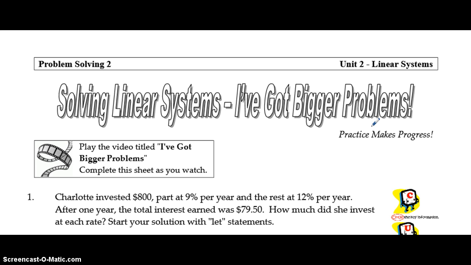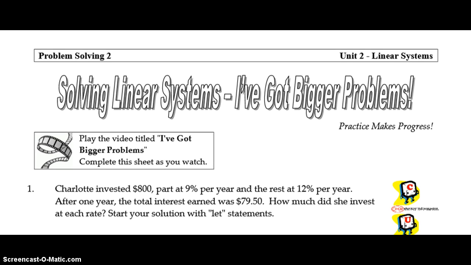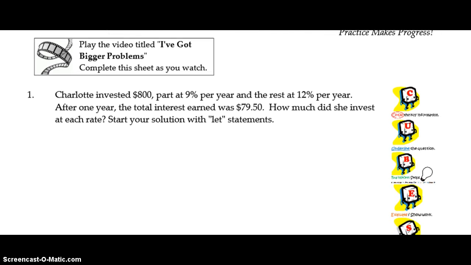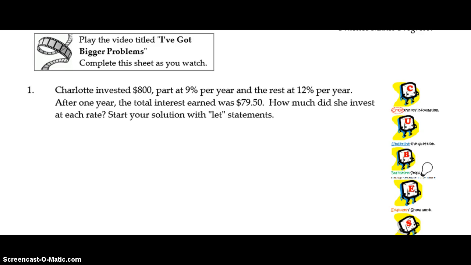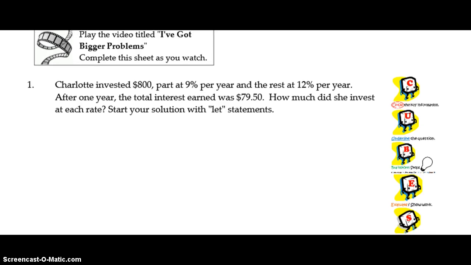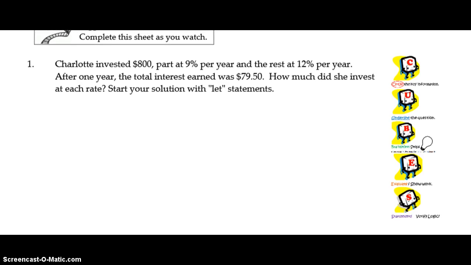Today's word problems are going to be dealing with what we call mixture problems. And mixture problems come from when you are combining two quantities into a third quantity. So here's an example. Charlotte invested $800, part at 9% per year and the rest at 12% per year.